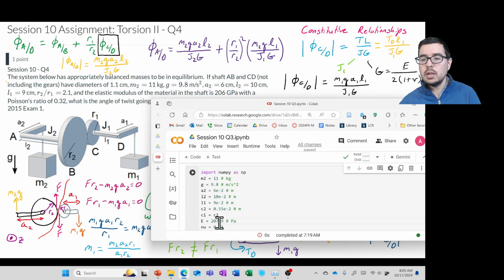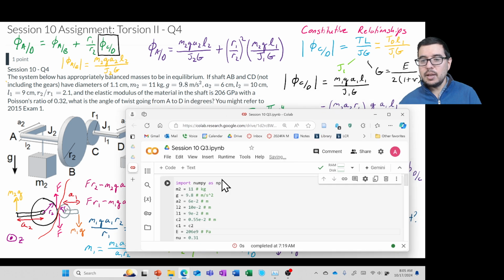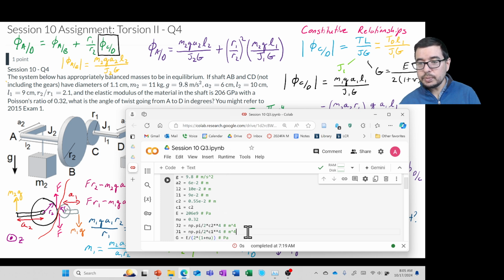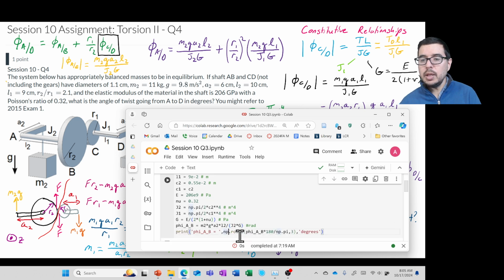Yes, 206 gigapascals, so very minor change. And the Poisson's ratio, 0.32, again very minor change, probably not going to make a significant difference here. J2, we need that, and we've solved for that previously. J1, we'll go ahead and solve for that. Was it smart enough to get it right? Looks like it. C1 to the 4th, and I've put in a C1. G, it's already got phi AB, great.